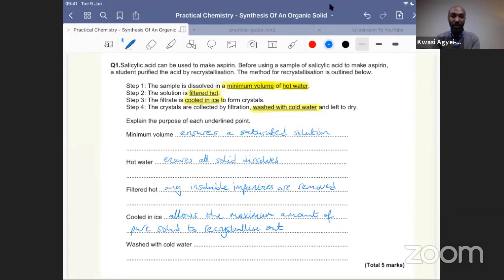So cooling down to room temperature slowly, and then cooling further in an ice bath will ensure that you maximize your yield of solid being recrystallized out. And then you're going to wash your product with cold water, and this will ensure that any soluble impurities are removed.